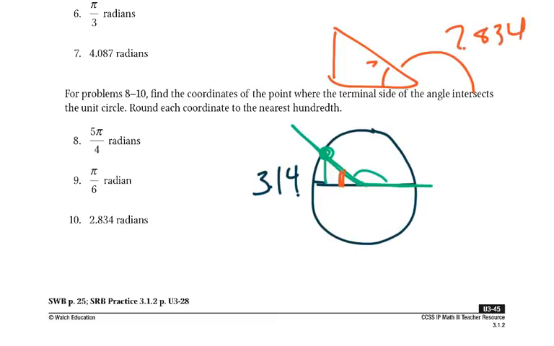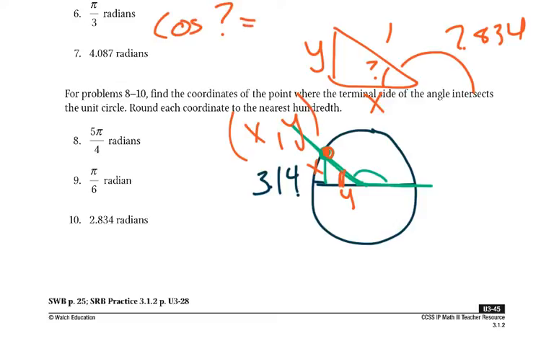We need this part to be able to use the trig, the x and the y. So once again, it'd be the cosine of whatever this question mark angle is equals x over 1, and the sine of whatever that is would equal y over 1.